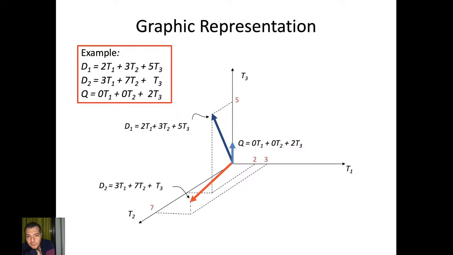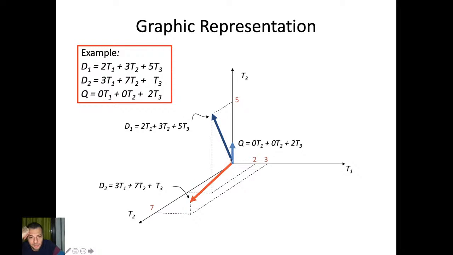So in the graphical representation, the terms are actually different dimensions, and each document is a vector in this space. This is why it is called the vector space model. Essentially this is equivalent to a bag of words representation, so yeah, this is the graphical interpretation of the bag of words.